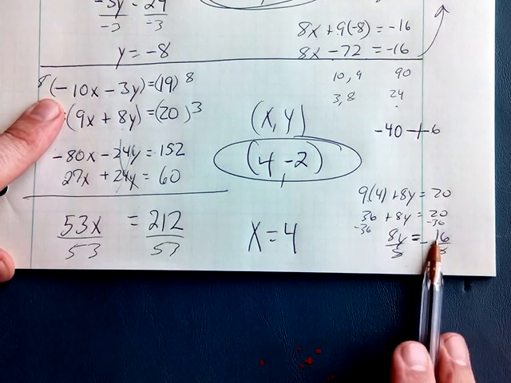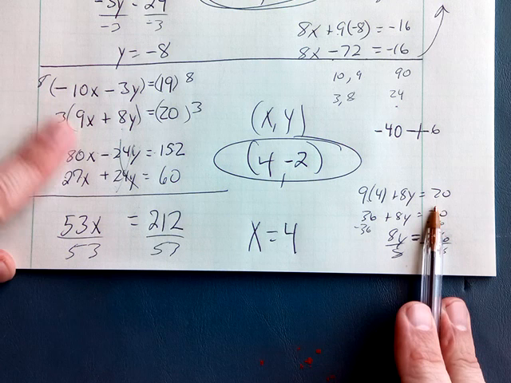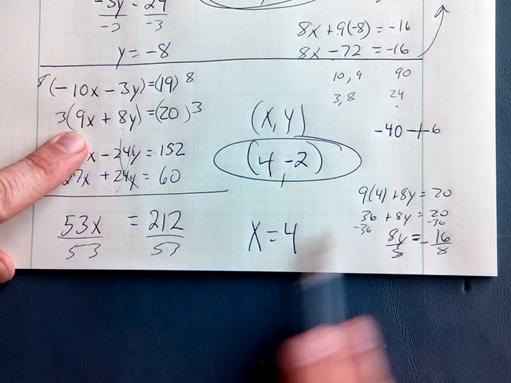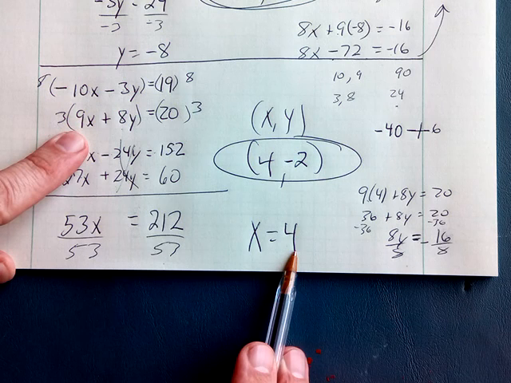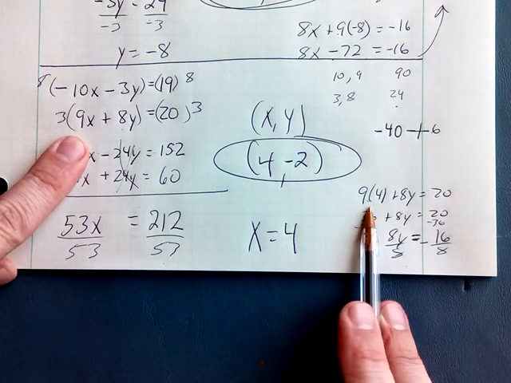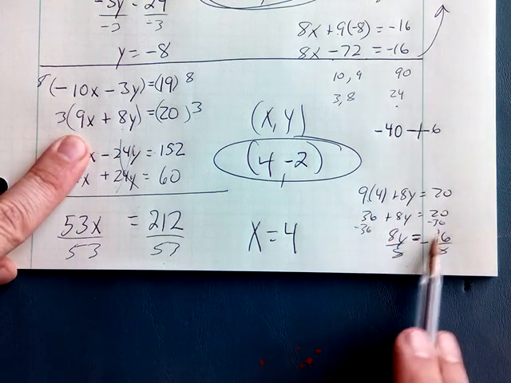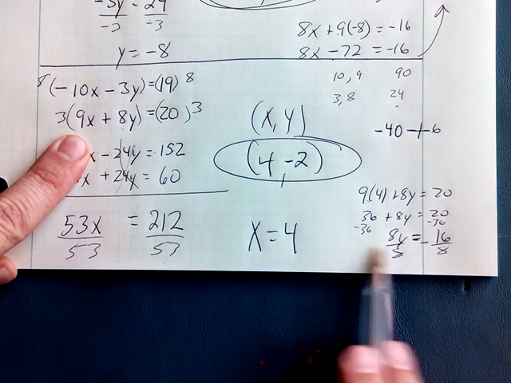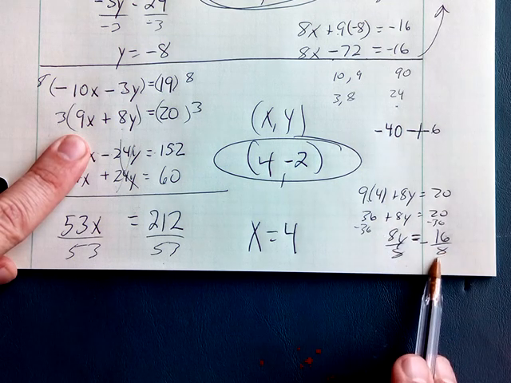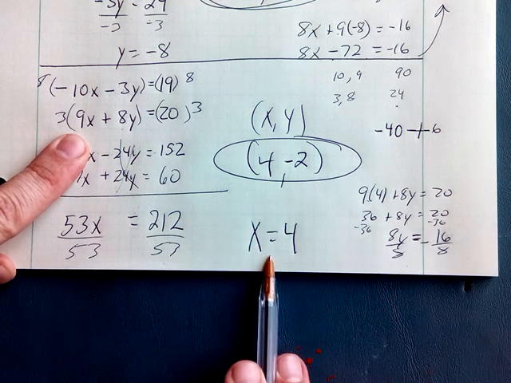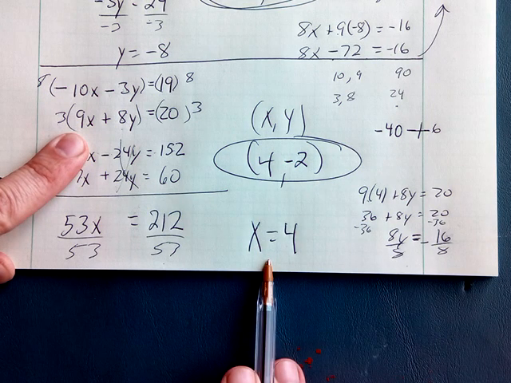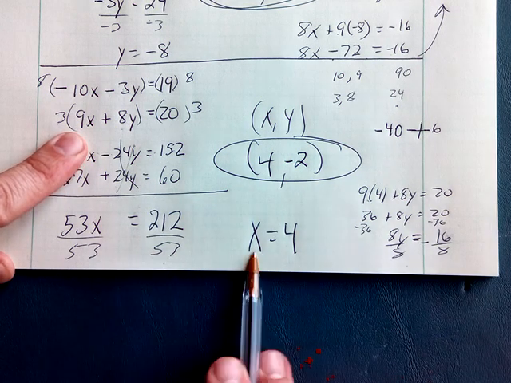Let me recheck. 9 times 4, 212, 53, that's 4. 212, yep. 9 times 4 is 36. 20 minus 36, divide by 8. That's going to be negative 2. And guess what? That's my y. No, my x value was 4.